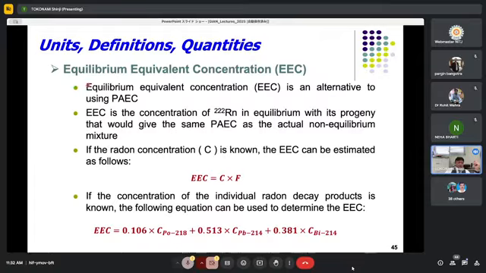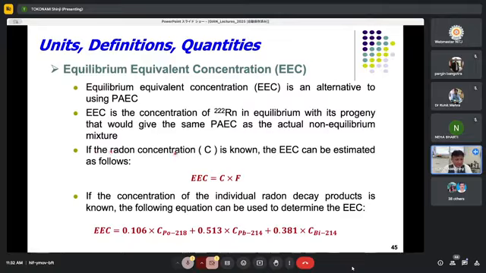EEC, equilibrium equivalent concentration, is an alternative to using PAEC. Equilibrium equivalent concentration is the concentration of radon in equilibrium with its progeny that would give the same PAEC as the actual non-equilibrium mixture.